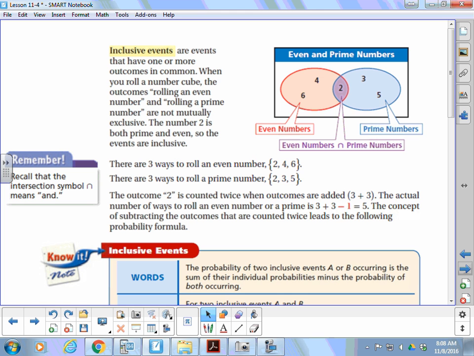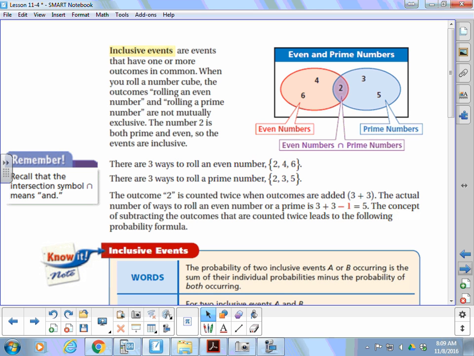All right, we get either an even number or we have prime numbers on here, 2, 3, and 5. And since 2 is in both sets of numbers, it's even and it's prime, then it is the intersection between the two. So it's in both of them. So we have even numbers, we have prime numbers, and notice that it says even numbers, and then we've got that U again, but it's upside down, with prime numbers. So that means and.